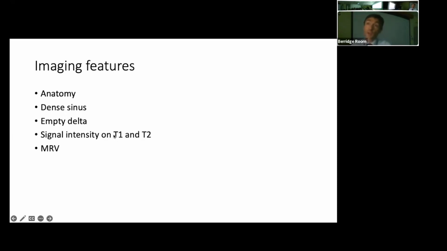So clotted blood can mimic flowing blood on static MR images. And then usually we use MRV as the primary way of diagnosing venous sinus thrombosis, although we do also use CT venography as well.